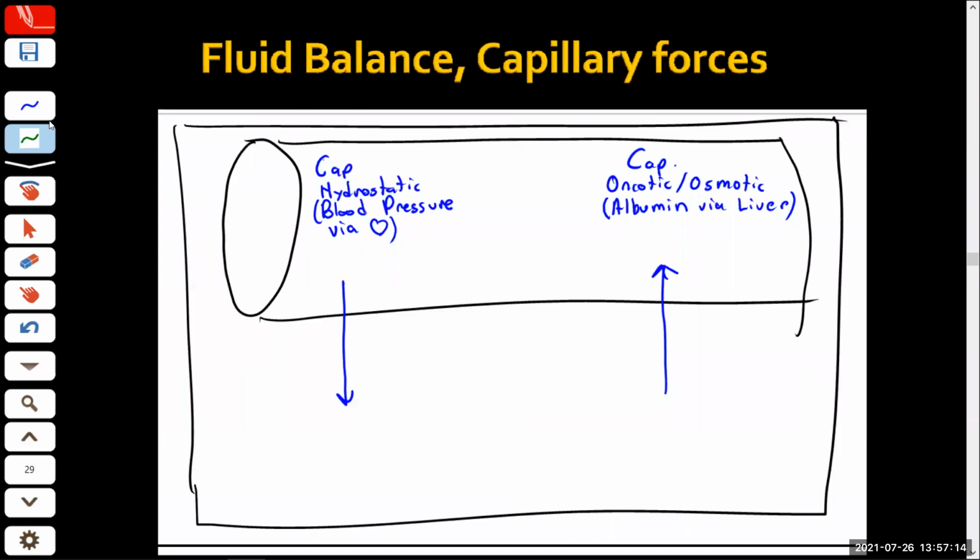Interstitial, and then hydrostatic. I always think of it as pushing. So, interstitial hydrostatic. I push on the wall. Guess what? The wall pushes back on me. Only a little bit.